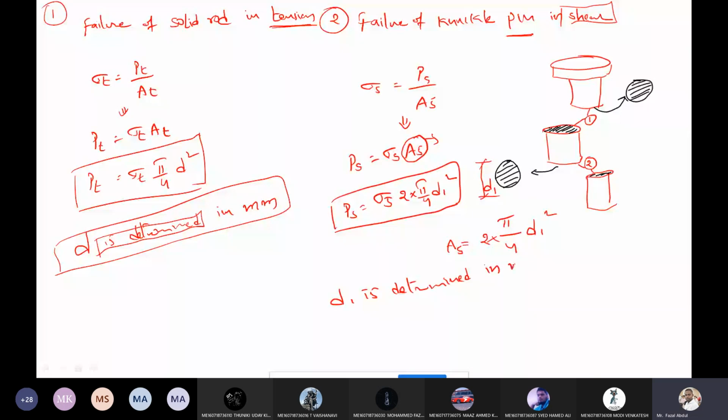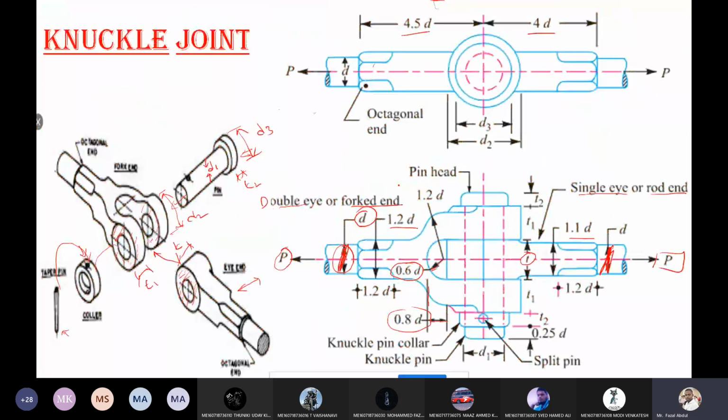Okay. Now this shear failure design is based on one assumption, that there is no clearance. Means in this diagram, if you observe, there is no clearance between the pin and the rods.